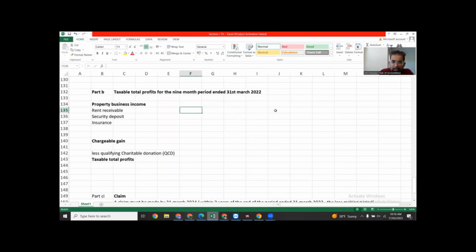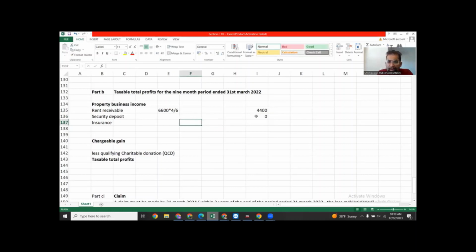So 6,600 multiplied by 4 divided by 6, right? This will be 4,400. Then security deposit is not an income at all.